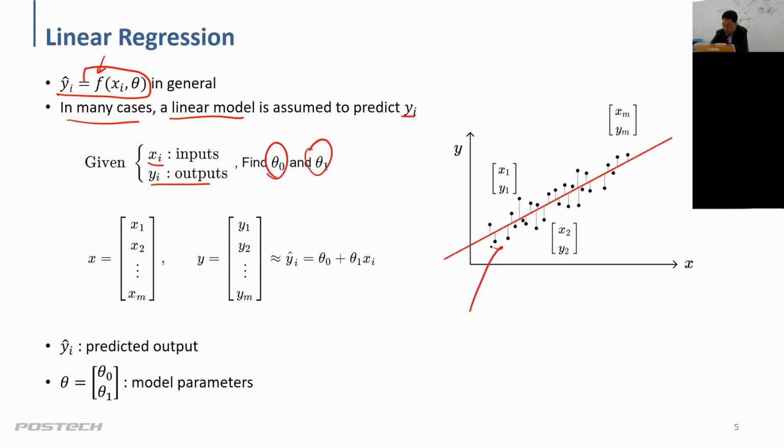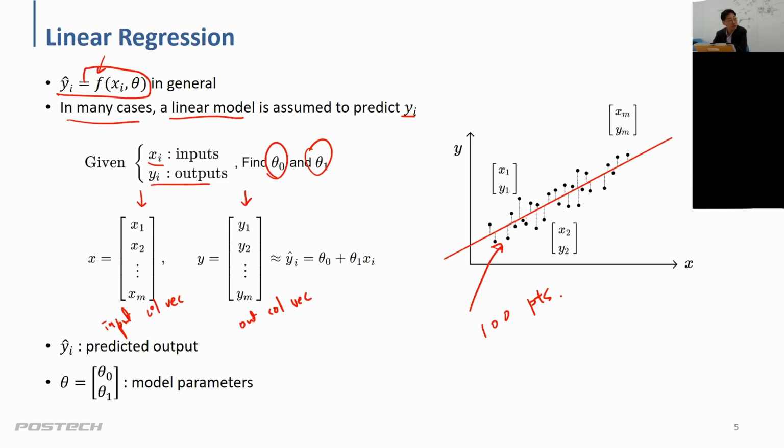And suppose we have 100 data points, and I'm going to put them in column vectors. I believe that makes it much easier. So this is the input column vector, and this will be the output column vector.